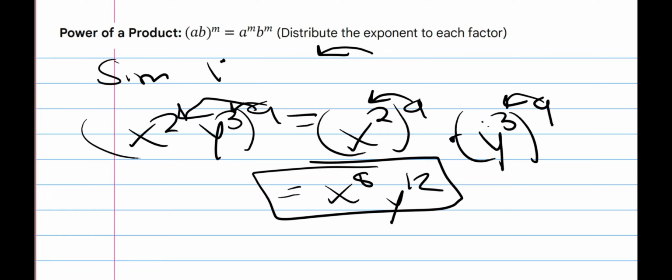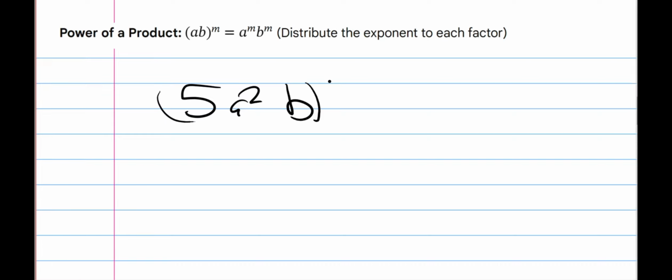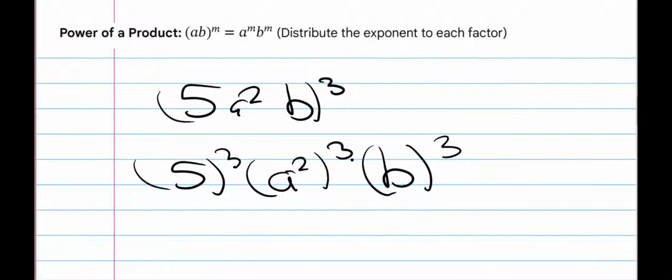And another one, last one, before moving on to the power of a quotient rule. That would be (5a squared b cubed) cubed. So that would be 5 cubed, a squared cubed, and b cubed cubed. There are multiple rules used there.